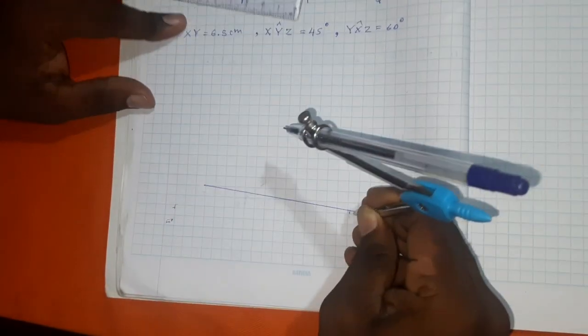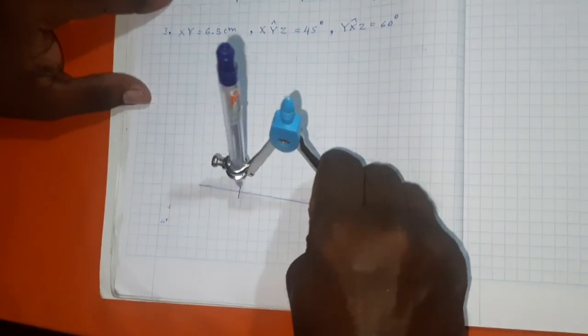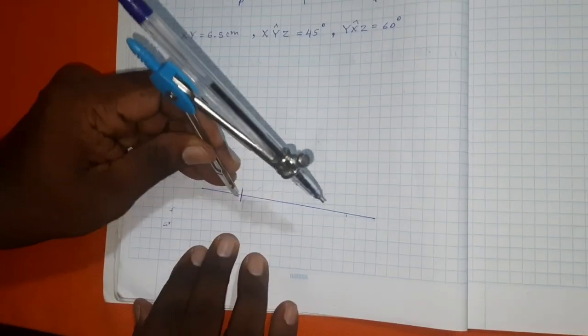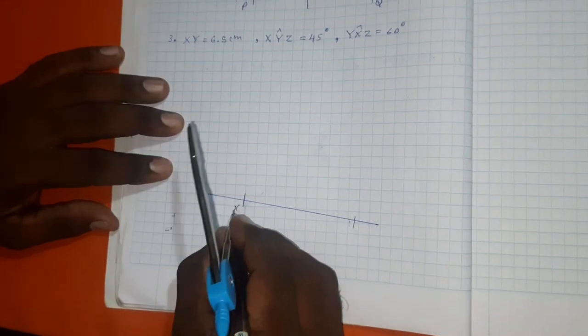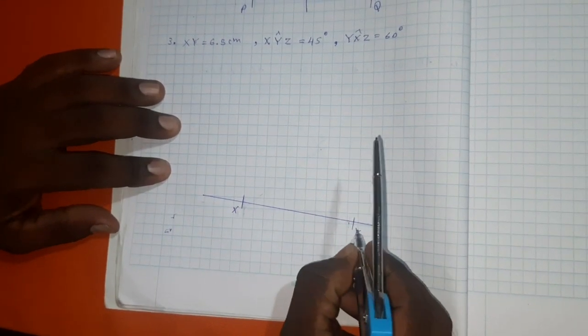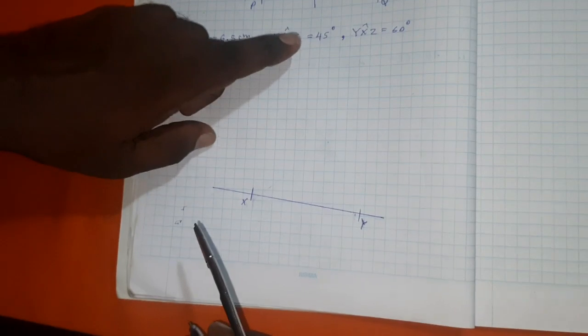Then keep it on the straight line and intersect the straight line by an arc. By changing the position, we can intersect the other part of the straight line also. Then we can name it as XY.